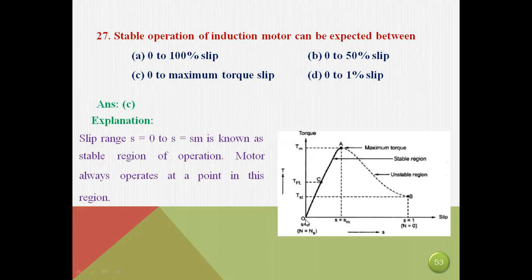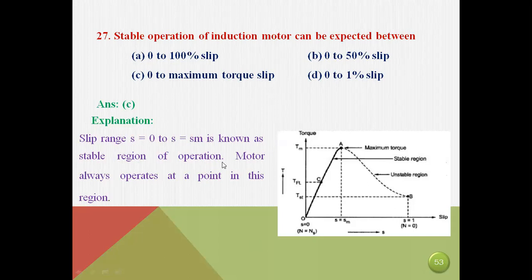So you can say from 0 to maximum torque, slip is also maximum. You will get the stable region of the induction motor from 0 to maximum torque slip, because the slip range from 0 to maximum slip is known as the stable region of the principle of operation of induction motor.